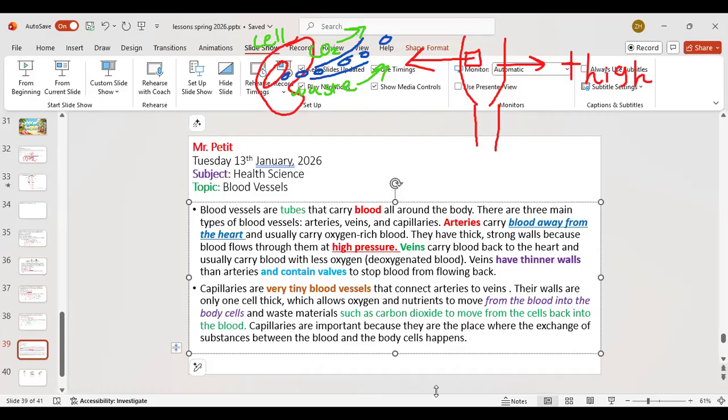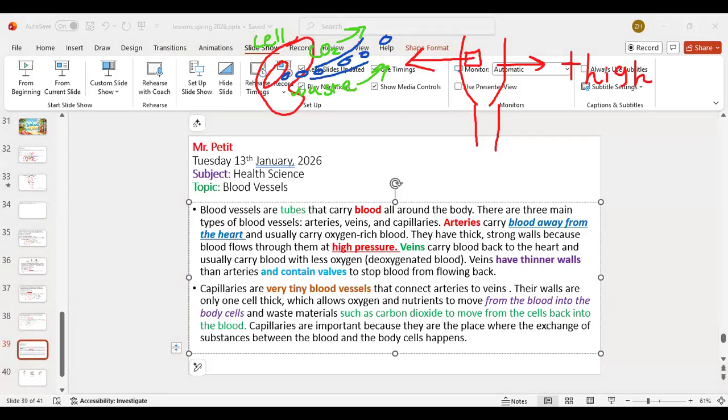So quick review. Which blood vessel is one cell thick? Capillaries. Very good. Which blood vessel can be compared to a muscular bodybuilder? Arteries. Very good.